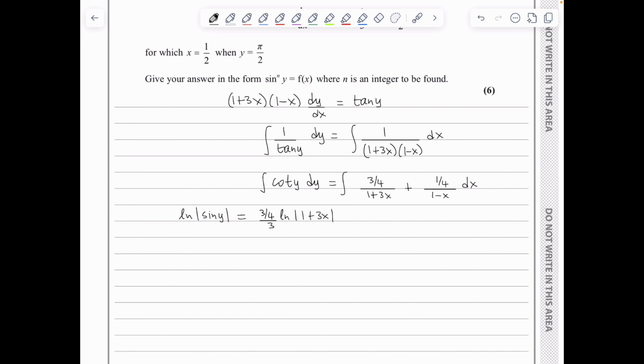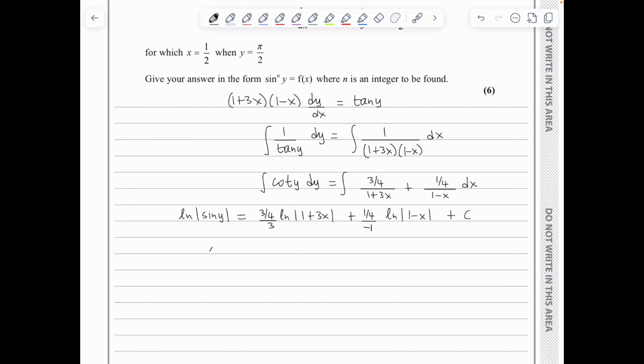Now the over 3 is coming from the derivative of 1 plus 3x, so I divide by the derivative. And then for the integral of 1/4 over (1 minus x), we get plus 1/4. I'll divide by -1, which is the derivative of 1 minus x, times ln of the absolute value of 1 minus x plus the constant of integration c.